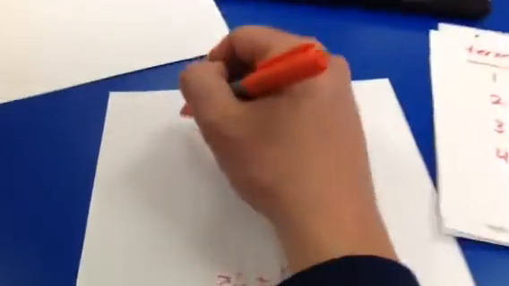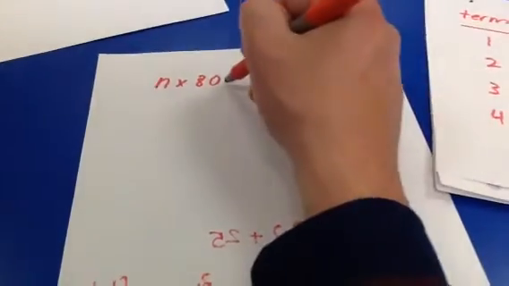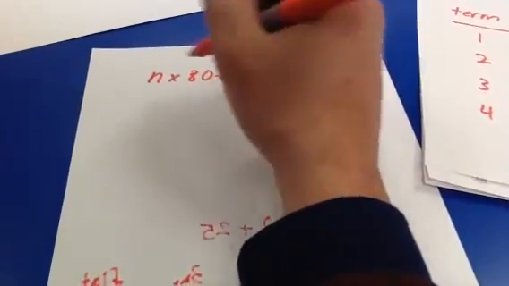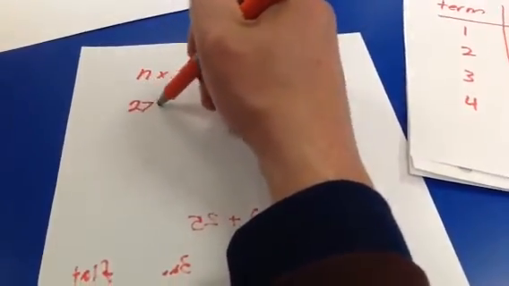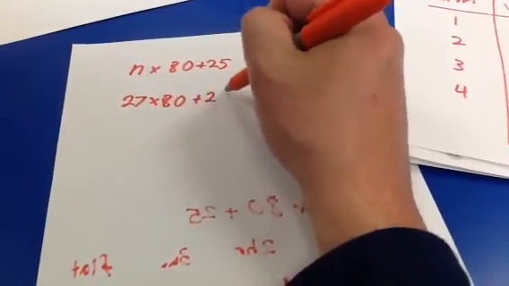Now, on the back, there's a question about how much would it cost for 27 hours, I believe. So then all you're going to do is substitute that 27 into your formula. N times 80 plus 25. And when n is equal to 27, we do 27 times 80 plus 25.